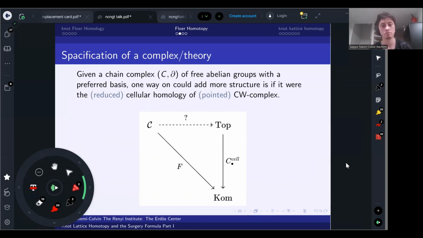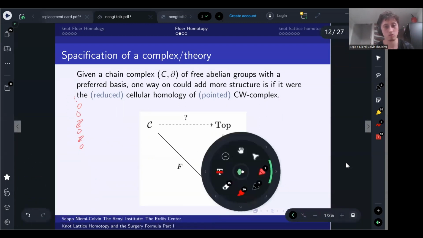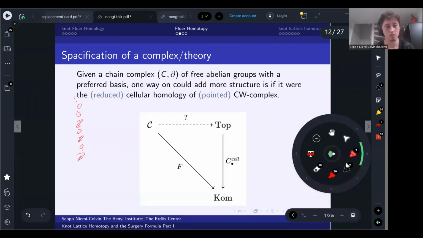In particular, this chain complex could be S^2 wedge S^4, or it could be CP^2. And if you could make those choices, you would have more structure on your situation.